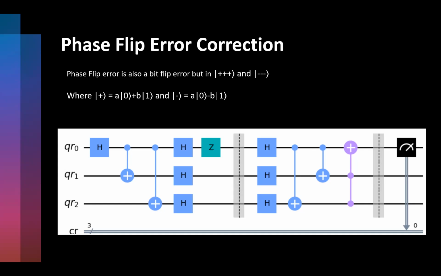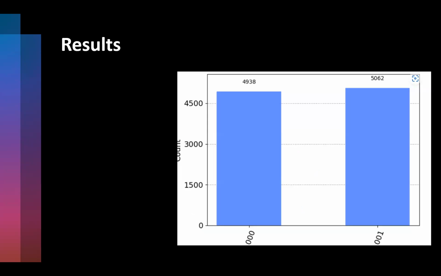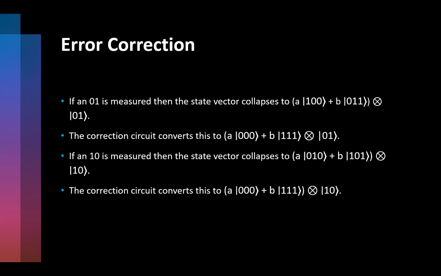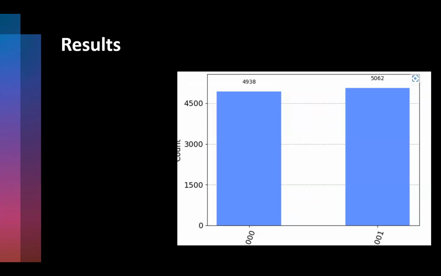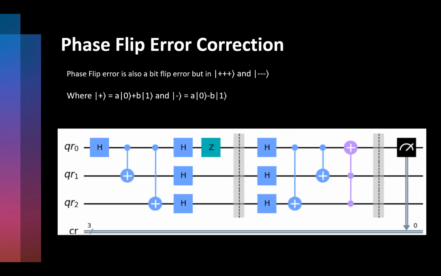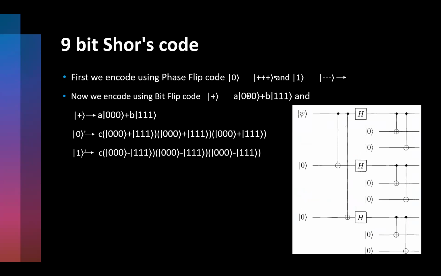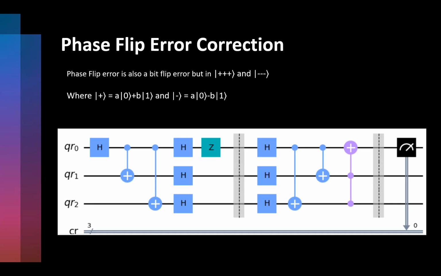So let's introduce a Z flip error on our encoded part. Then we apply the similar techniques that we discussed in the error detection part. We use a similar technique here, then decode it again and get our original results. So phase flip is just a bit flip error, but in a different space, like plus and minus.